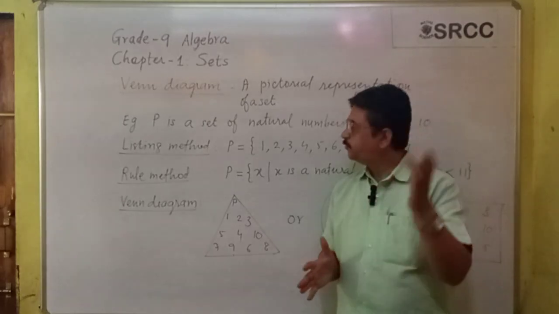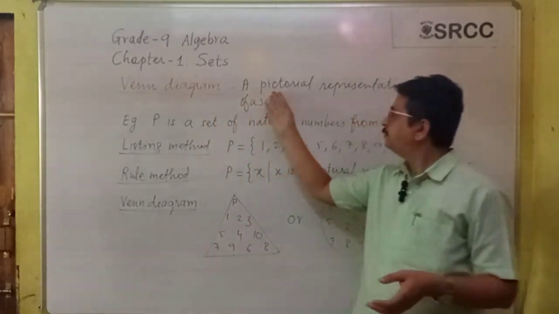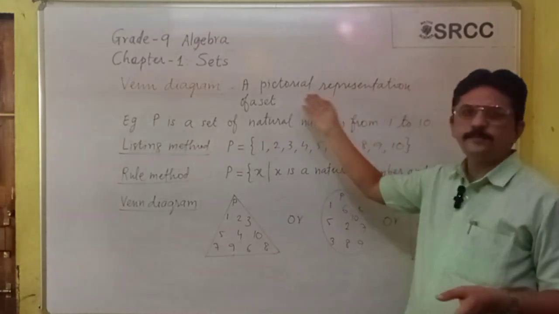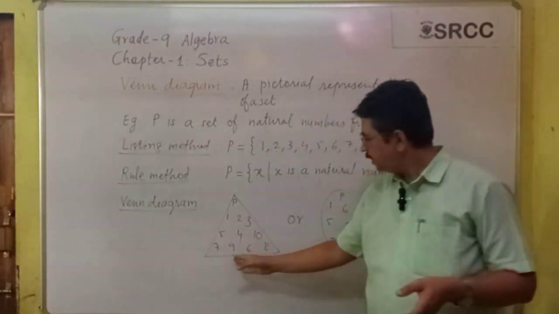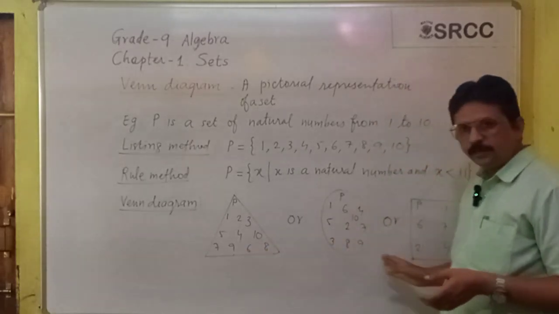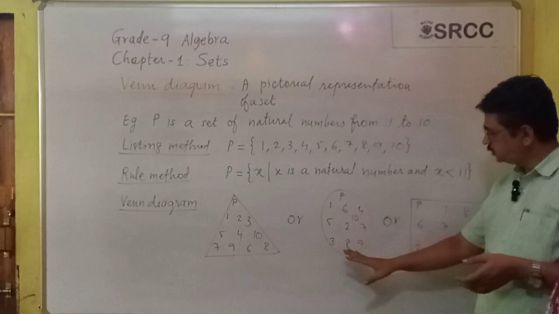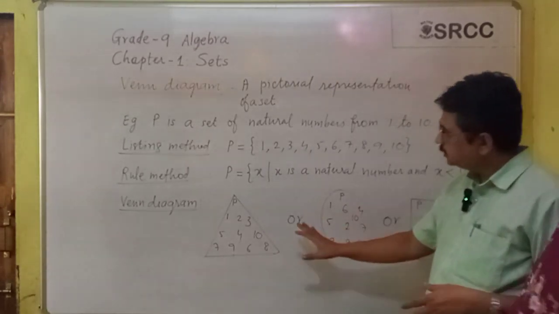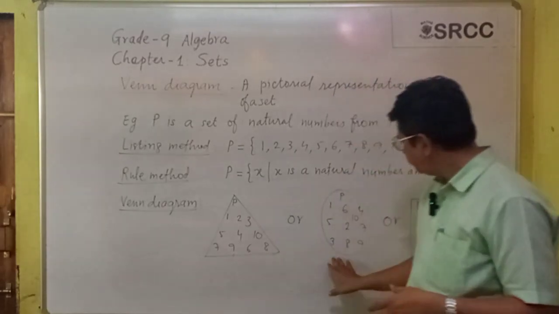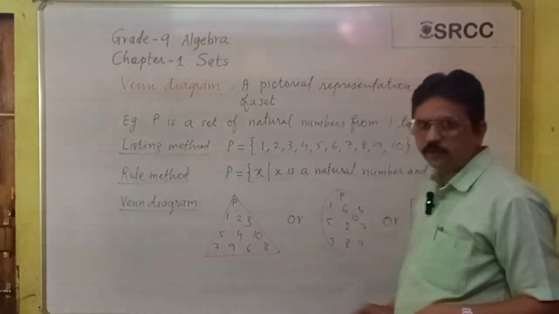And finally, we saw the concept of Venn diagram. Venn diagram is nothing but a pictorial representation of a set, and here we have seen how we write a set by using different geometrical shapes according to our convenience, and this way we draw the Venn diagram for a given set.